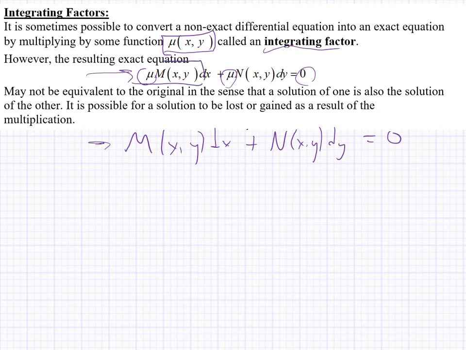Now this whole piece here is in front of the dx, and this whole piece is in front of the dy, and those partial derivatives work out to be exact. Okay. Well, then once we do that, we have a way of solving this using the same methods we just talked about. So is it possible for this to happen? If so, we need to figure out how we're going to find this function mu. And then, is it possible for us to get a solution by doing this?